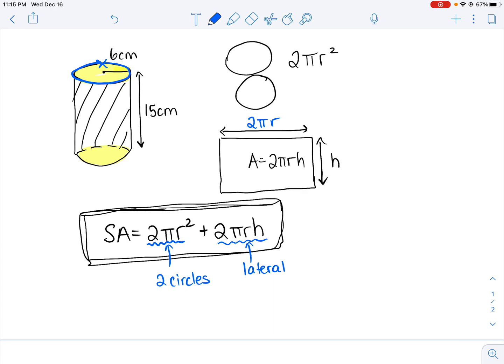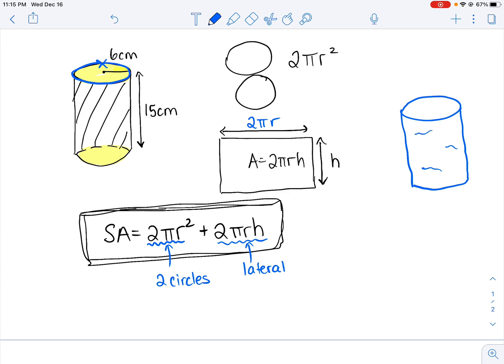Because sometimes you'll get a question that will say, find the surface area of the cylinder without the top. Maybe it'll be like a glass that you're drinking out of. Here's your glass. Horribly drawn. Okay, there's your glass, and it's full of water. That doesn't matter.